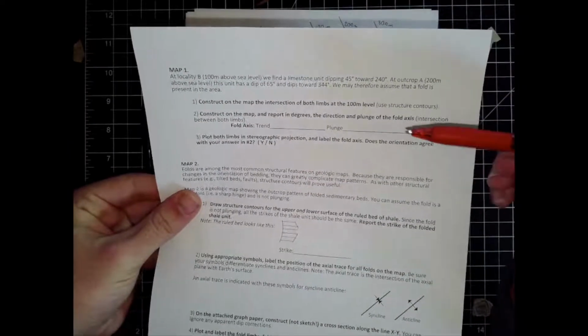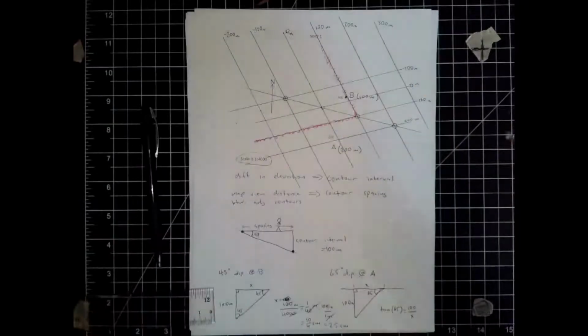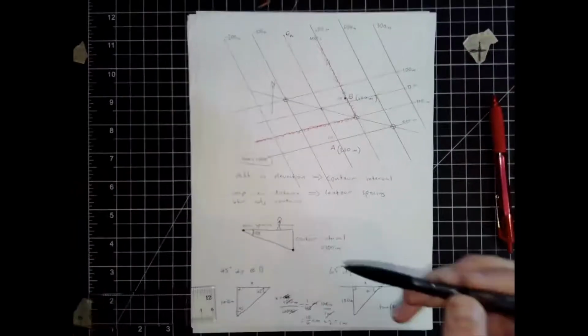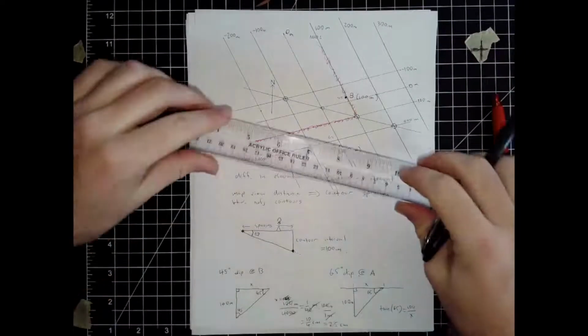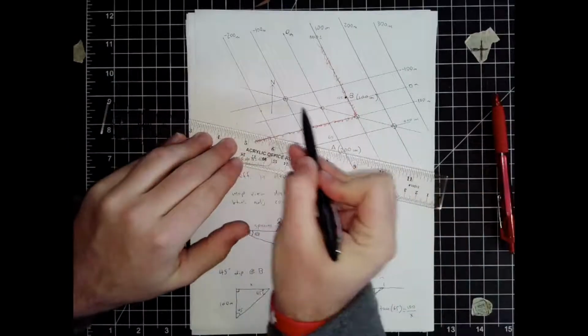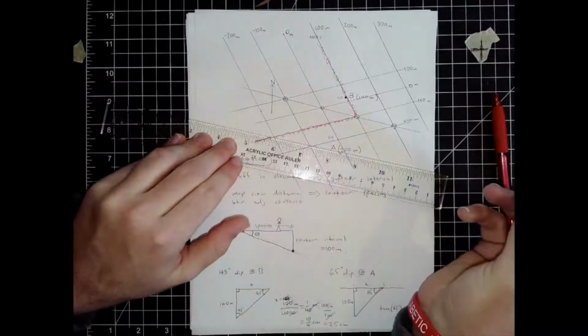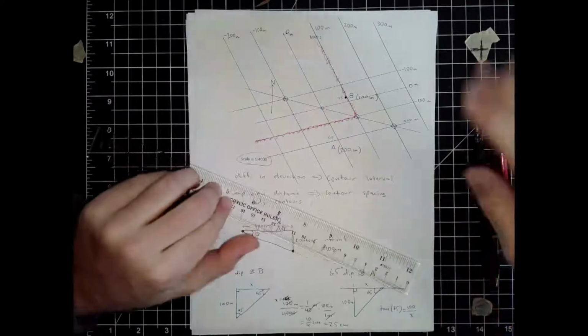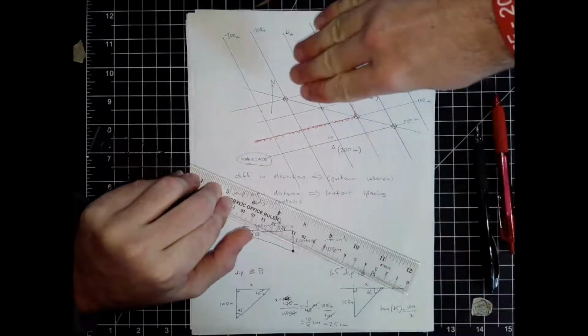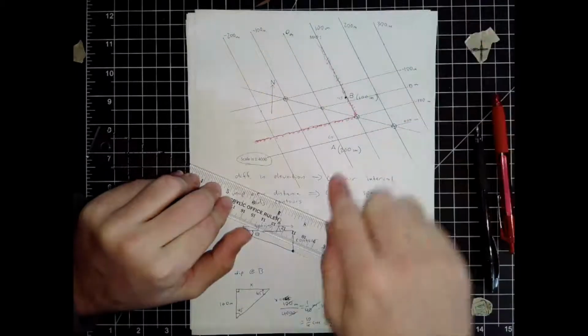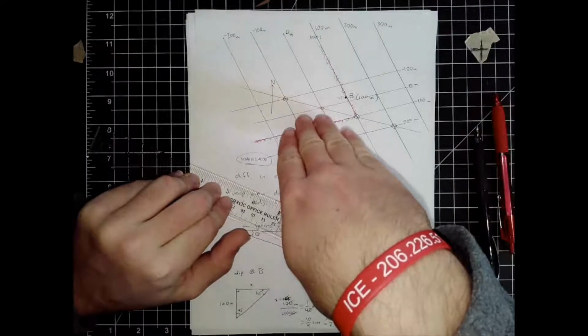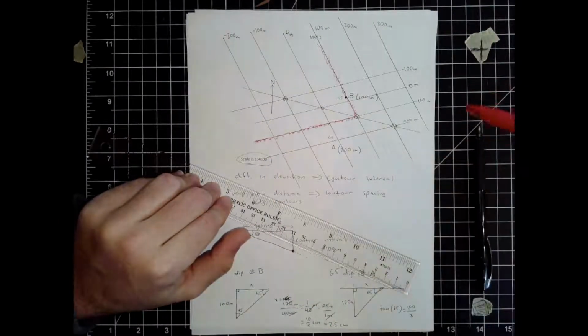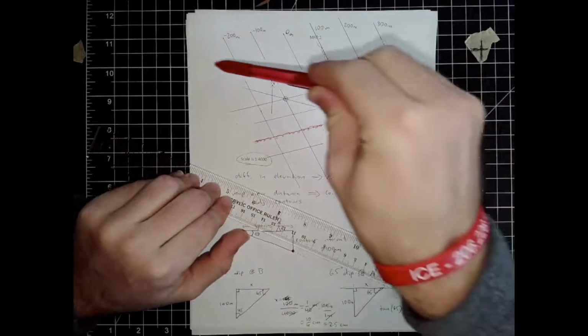Okay, to find the trend and plunge of the fold axis, what you need to do is make another triangle. We've got a fold axis running along here. We might be able to intuit that since this limb B is tilted down like that, and limb A is tilted down like that, then our fold axis will be tilting down to the northwest.